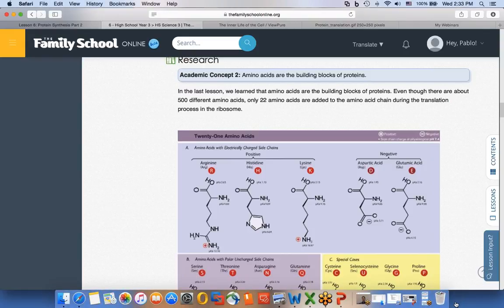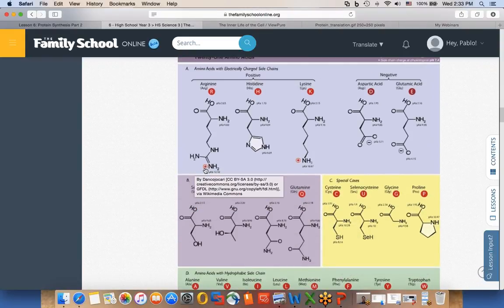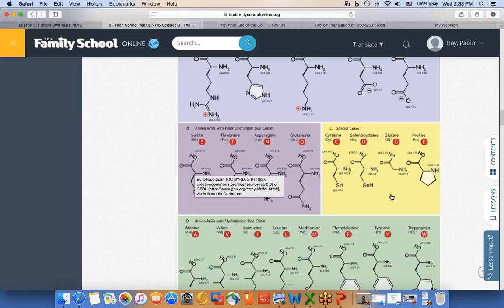It's kind of cool because they're kind of like batteries because they have positive and negative. The key elements of amino acids are carbon, hydrogen, oxygen, and nitrogen.